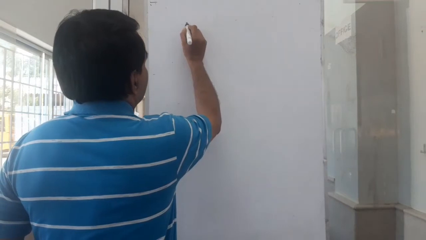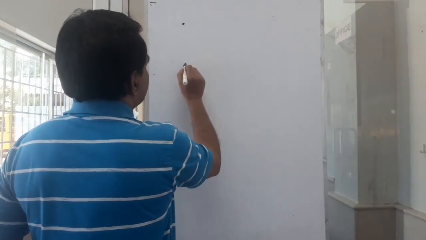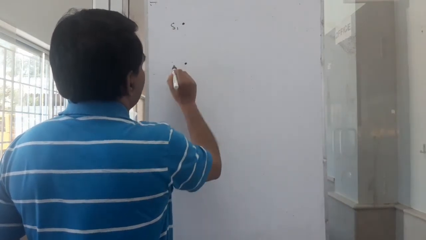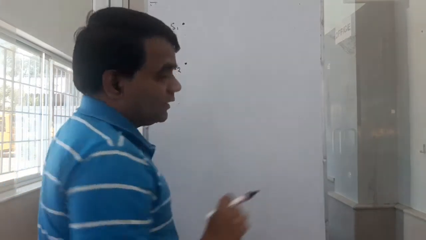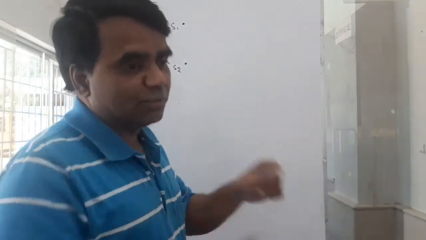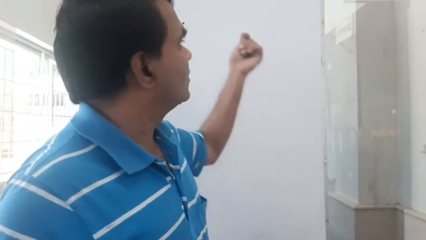So we said there could be two sources, S1 and S2. And these two sources are coherent if they have the same frequency, and if they can maintain the same phase angle between them.